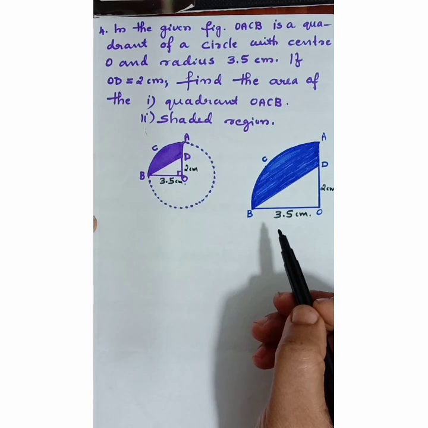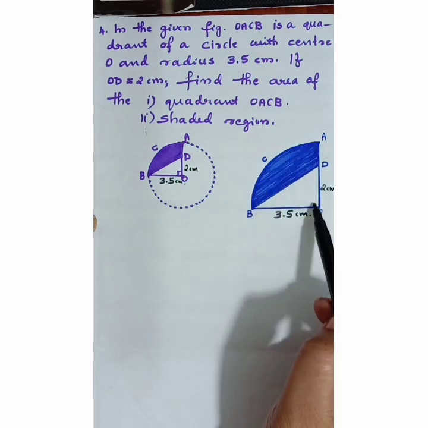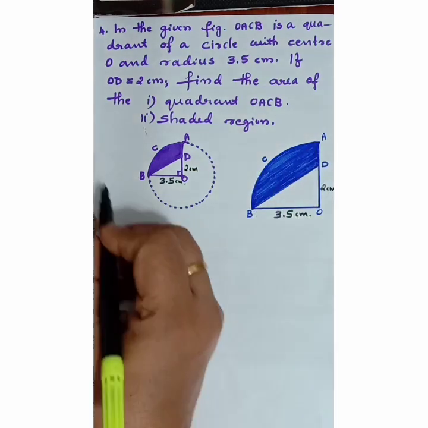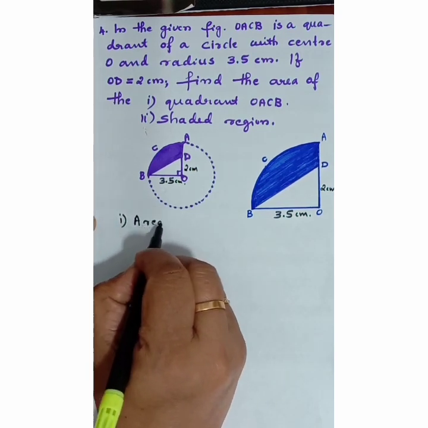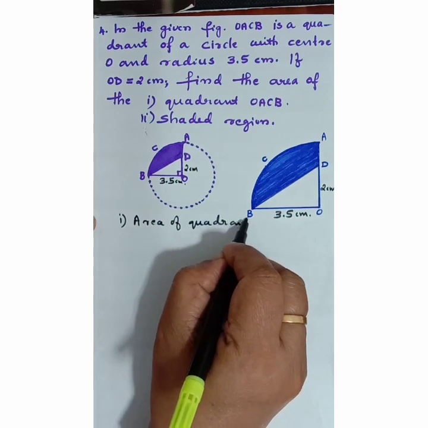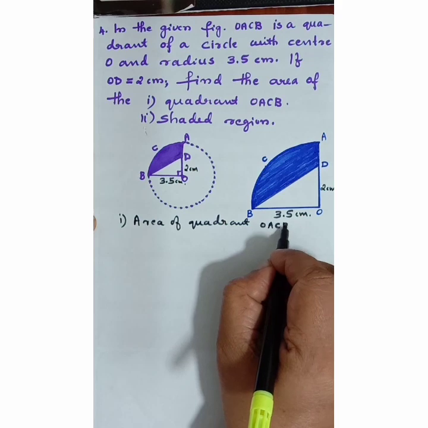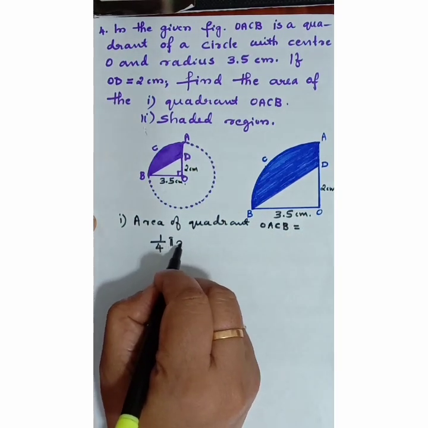Find the area of the quadrant OACB. Is this quadrant 1 by 4 of pi r square? So the first question is the area of quadrant OACB, equal to 1 by 4 of pi r square.